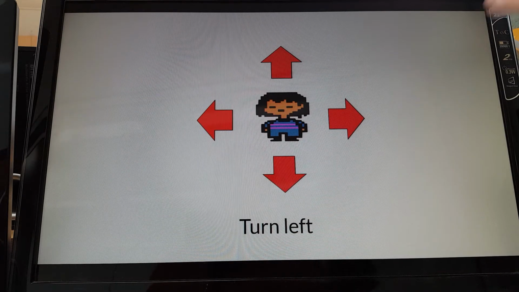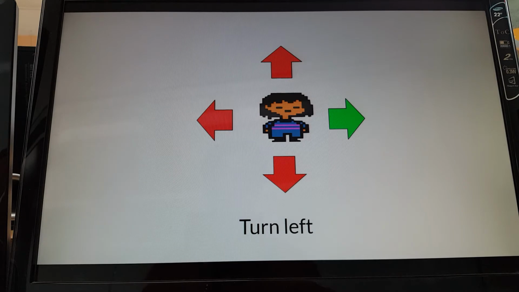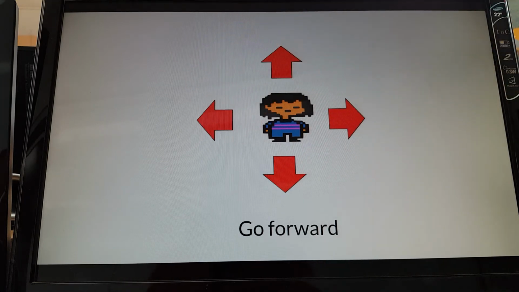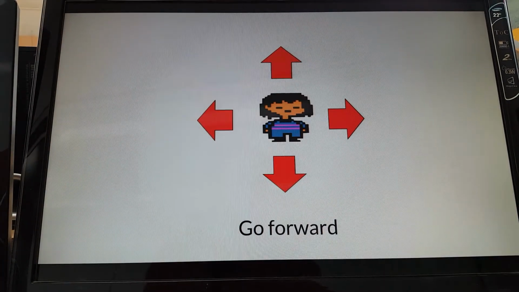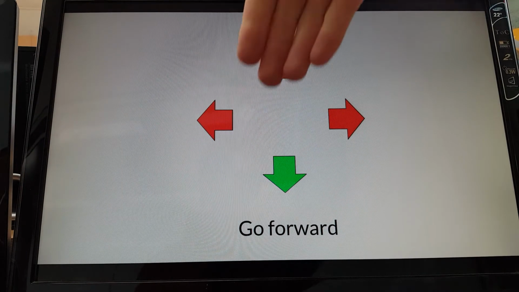It would be this arrow. And then you would turn left. Good job. Okay, if I said go forward, what would you do? What arrow? Also correct. You guys are so smart. It is this arrow, and you would go forward.